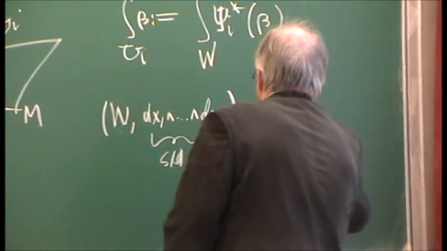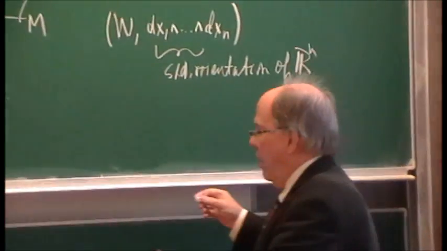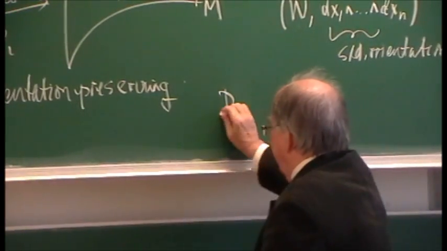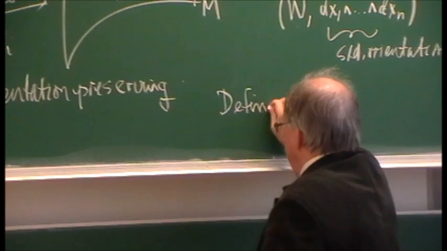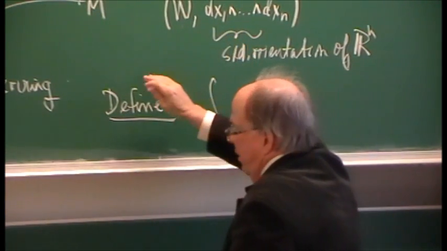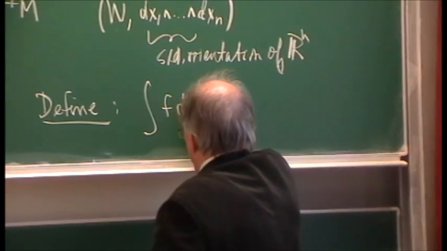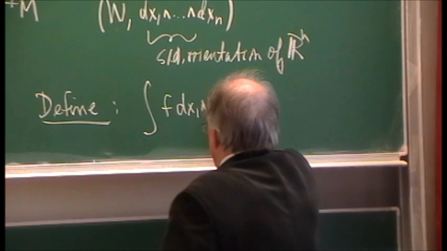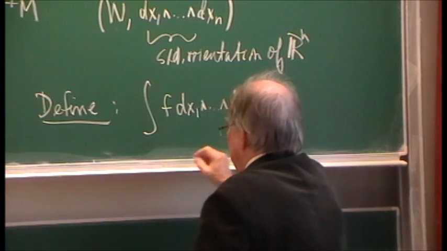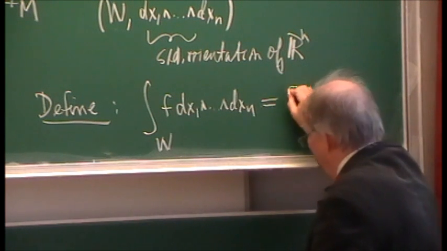And now all we need to do is define it, and everybody has in mind how we should define it. We need to know how to define the integral of, say, a form. Well, a form is a function times such a thing over a cube, and the notation has been chosen to work.